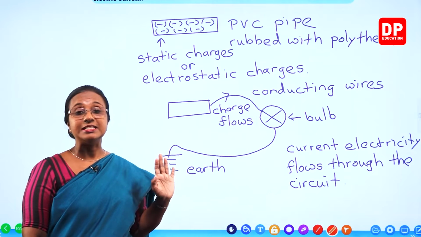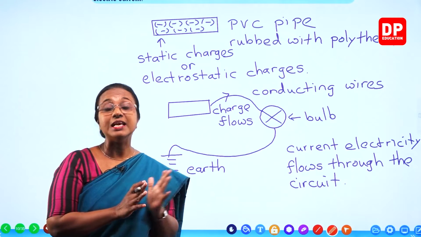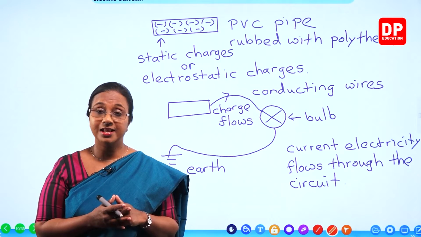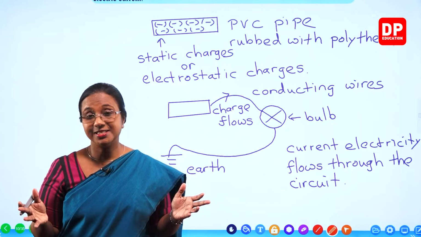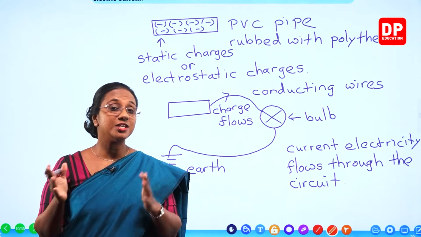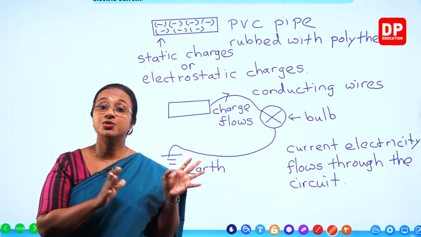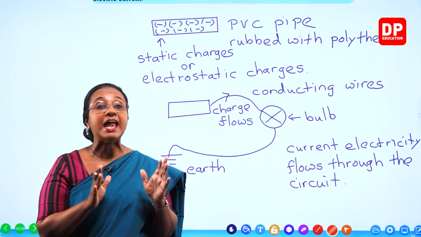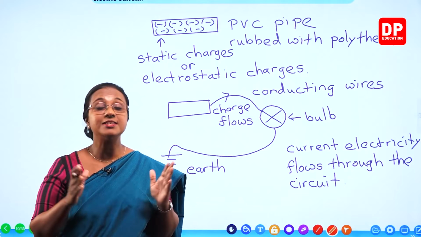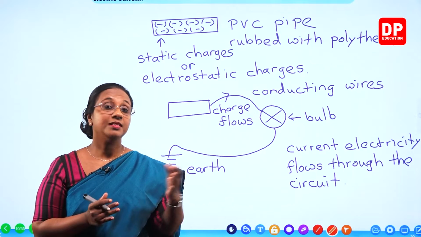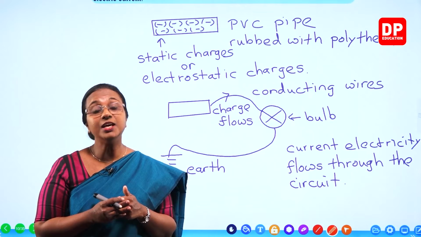Now can you all understand the relationship between static electricity and current electricity? These are basically charges, either positive charges or negative charges. When the charges are not moving, it's known as the electrostatic charge. And that charge is what we call static electricity that can attract other tiny objects.